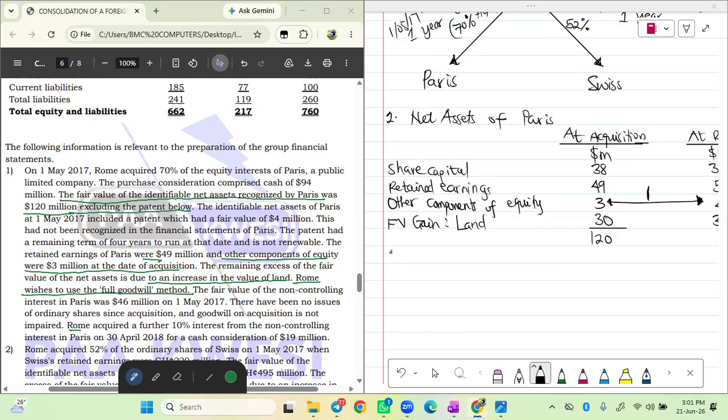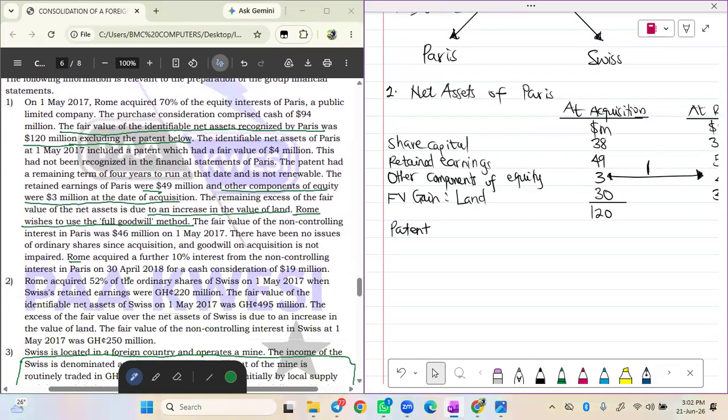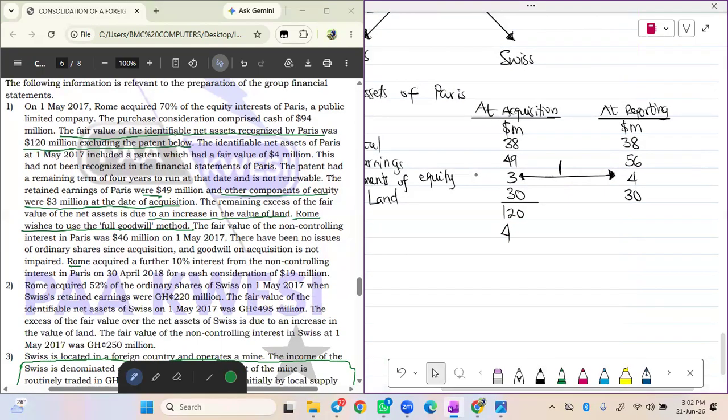So we have a patent to recognize because they said the patent had not been recorded. It was in the statement here. So you are saying that it included a patent which had a fair value of 4 million. So the patent fair value of 4 million will be recorded at acquisition and at reporting.